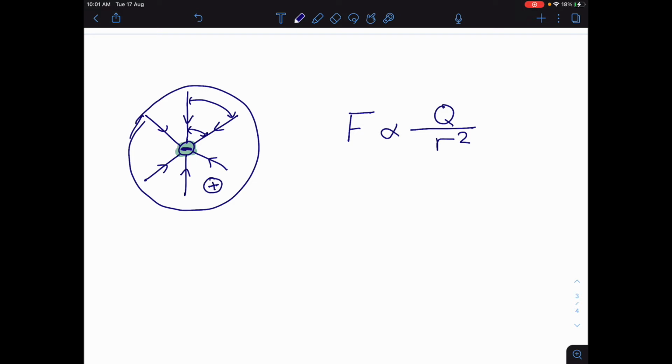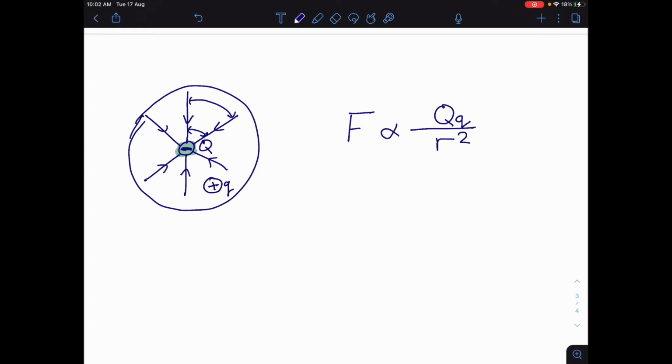If I'm just putting 1 proton in there, then it's going to experience a certain force. But if I put 100 protons or 10,000 protons in there, they're going to experience a larger force. So there's that charge and there's this charge. The force experienced between 2 charged bodies is proportional to the magnitude of both of those charges, and inversely proportional to the distance between them, squared.